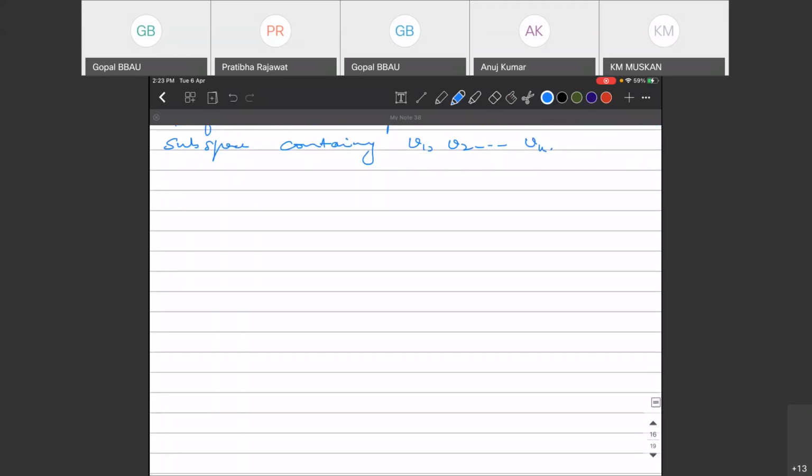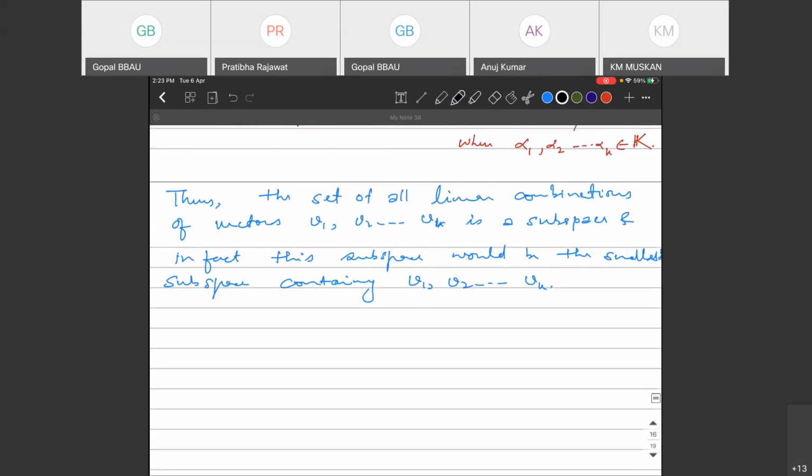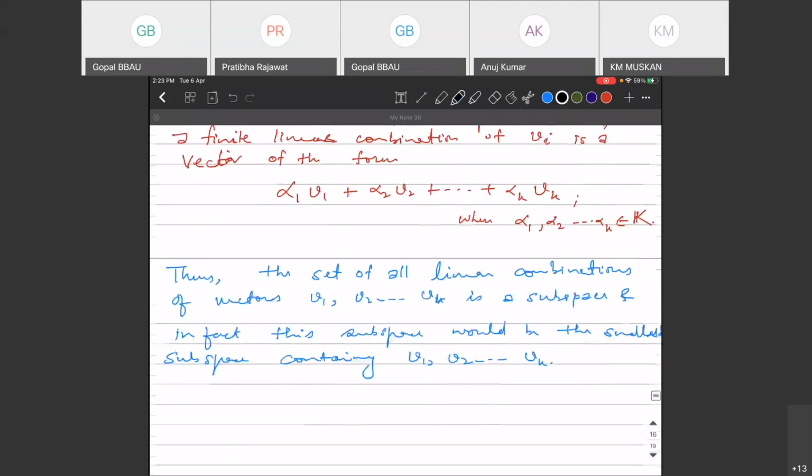Okay. So let us denote this set of all linear combinations by LS.